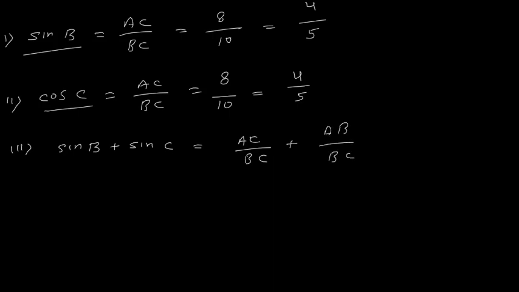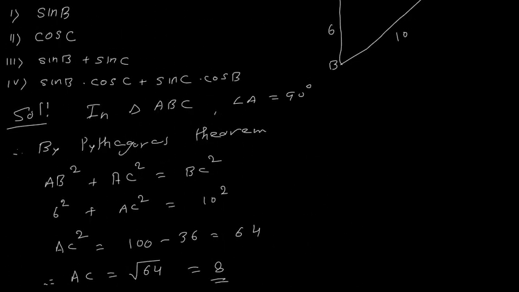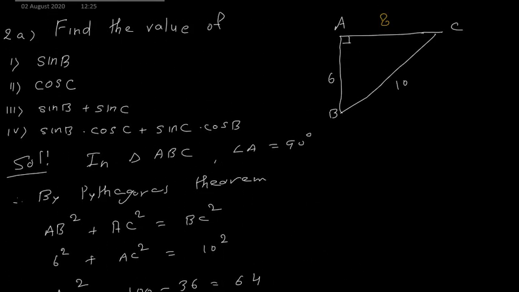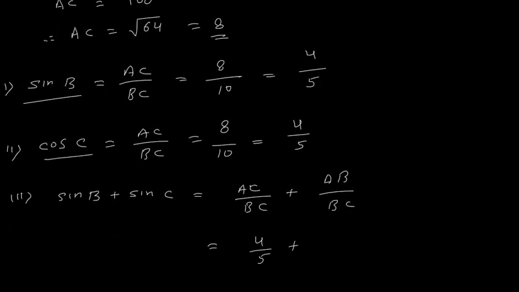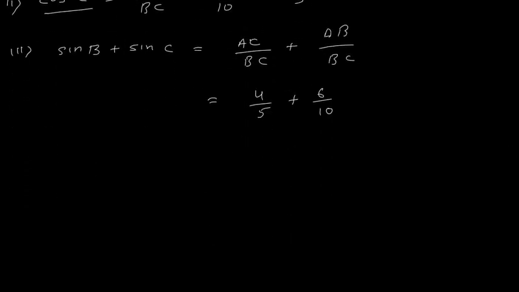The value of AC upon BC is 4 upon 5, plus AB upon BC, which is 6 upon 10. Now 6 upon 10 can be written as 3 upon 5. So this is 4 upon 5 plus 3 upon 5. 4 plus 3 is 7 upon 5. So sin B plus sin C is 7 upon 5.